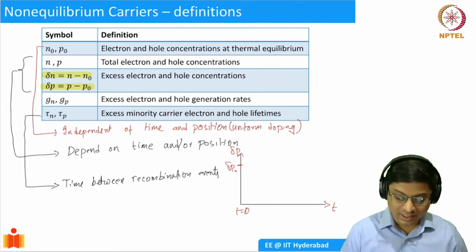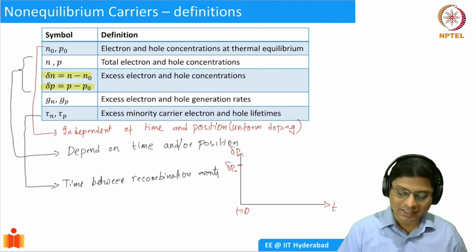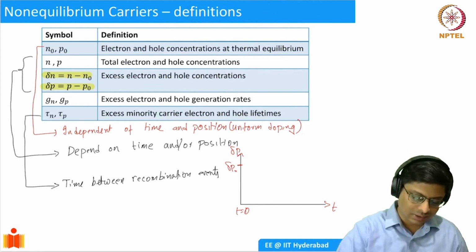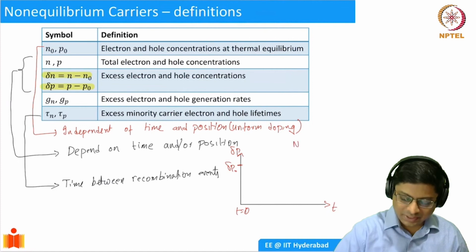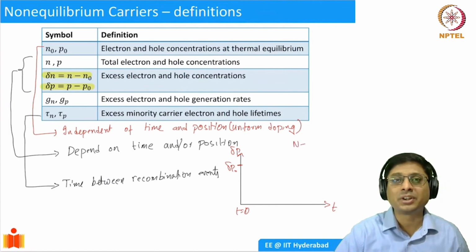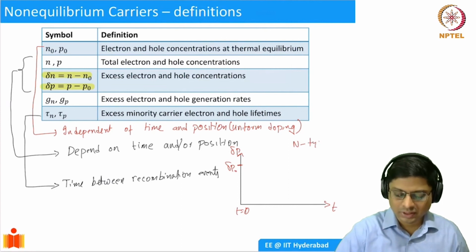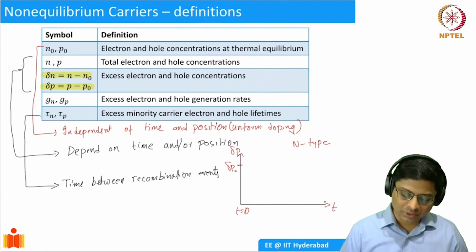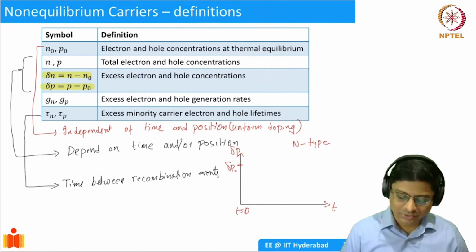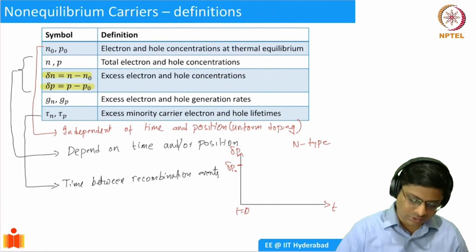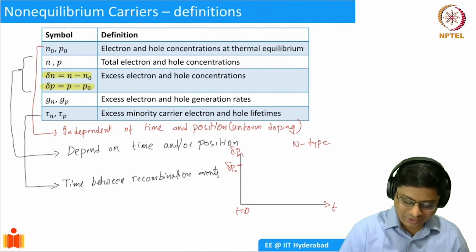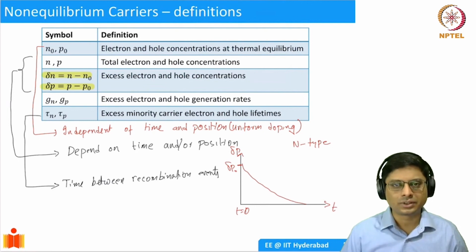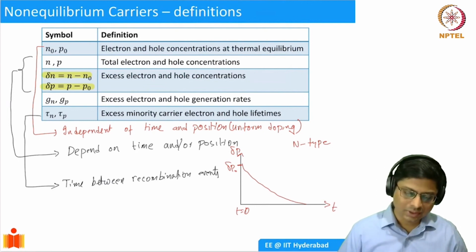By the way, here I'm talking of delta P, which means I'm taking an N-type semiconductor. Delta P for a P-type semiconductor doesn't really play a role because it's a majority carrier density, and excess majority carrier density doesn't play much of a role. But minority carrier density is important. You introduce it somehow, then remove the stimulus, and it's going to come back. Right now you don't know what that function is, but towards the end of this lecture you'll see that it is an exponential function.